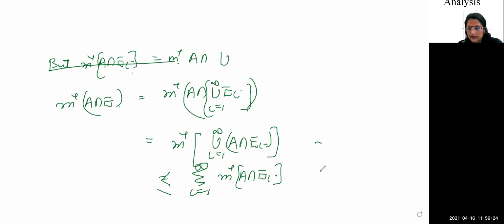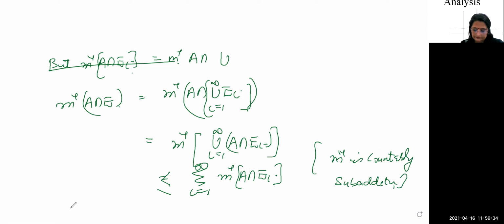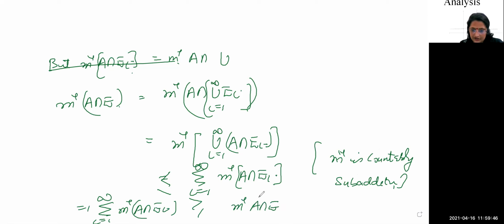The reason you will give: m star is countably subadditive, right? So it implies summation i running from 1 to infinity m star A intersection Ei, right? This is greater than or equal to m star A intersection E.